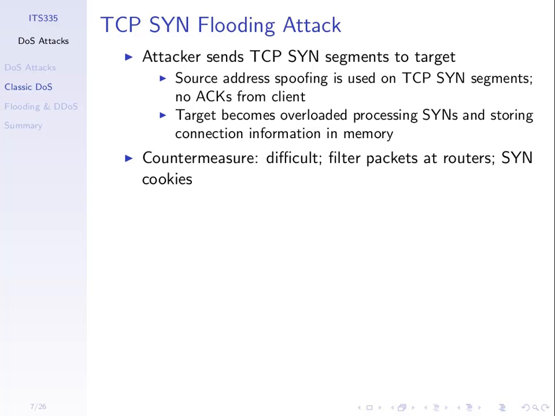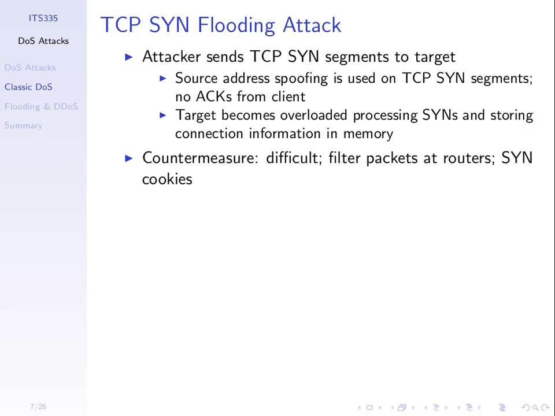So this is called the TCP SYN flooding attack. It's very simple. The attacker generates many SYN segments going to the server. It floods the server with SYN segments. Every SYN segment the server receives, it allocates a small amount of memory and sends back a response, this SYN ACK response.